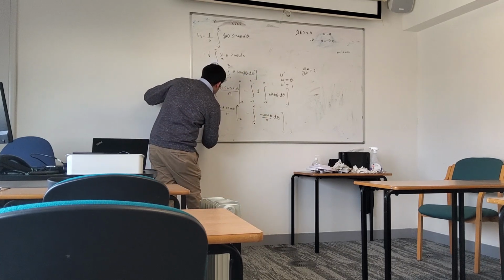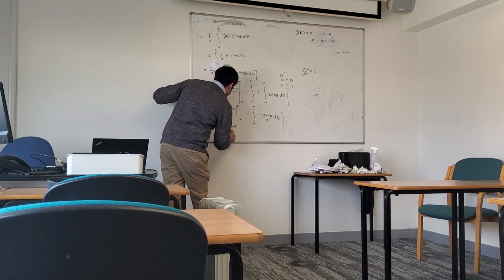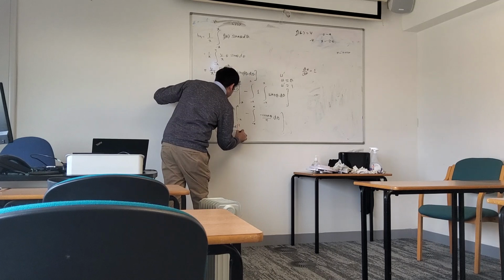Finally, we have b by pi square inside. I'm still writing it as divided by n, limit minus pi to pi.